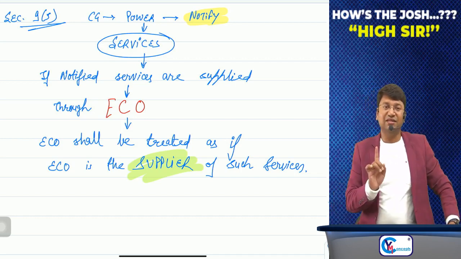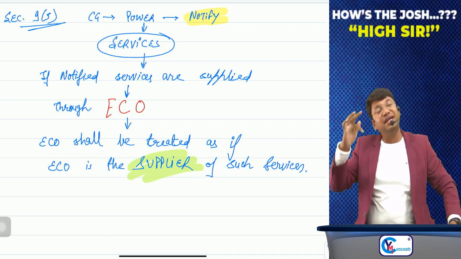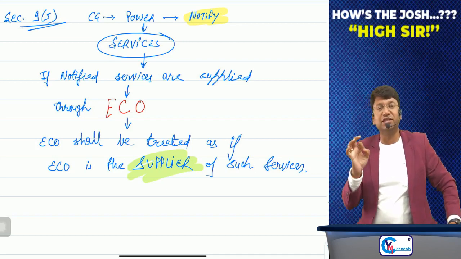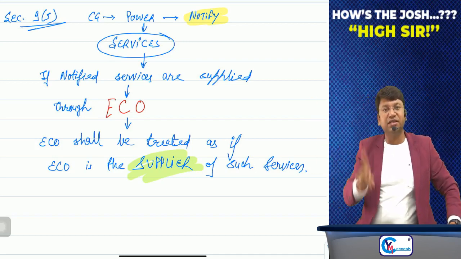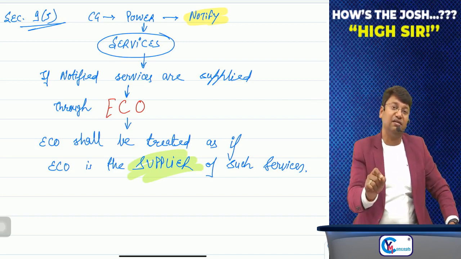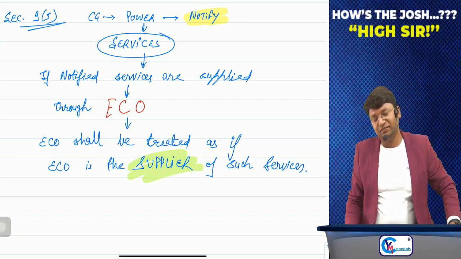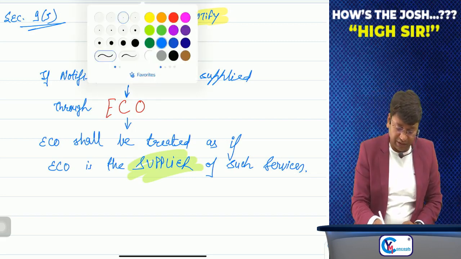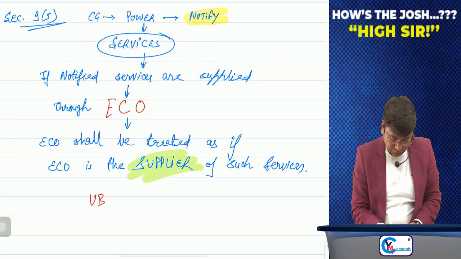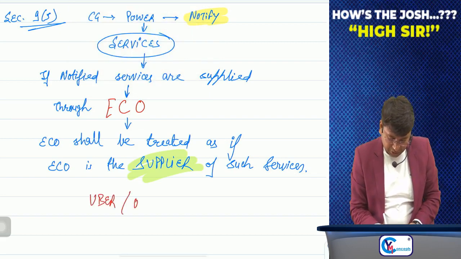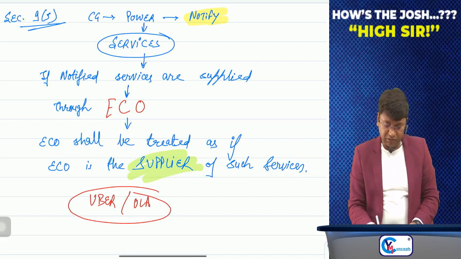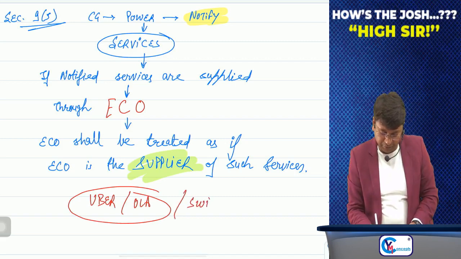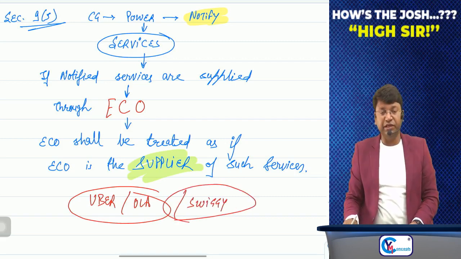Sir, again, section 9.3, 9.4 and 9.5, all these subsections are covered in chapter number 7. We will discuss these 3 subsections in detail with the list of goods and services, whatever is applicable in that chapter. But just giving you a hint, sir, you can take an example of Uber, Ola, or you can take the example of now Swiggy also.